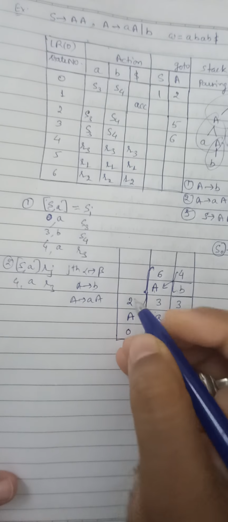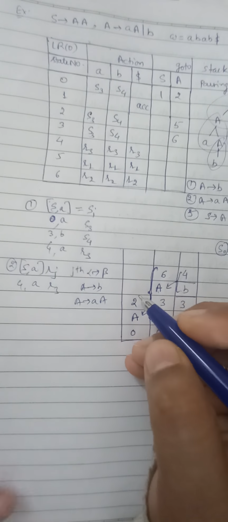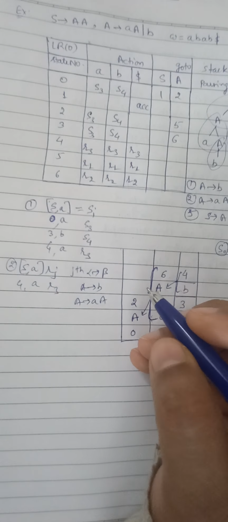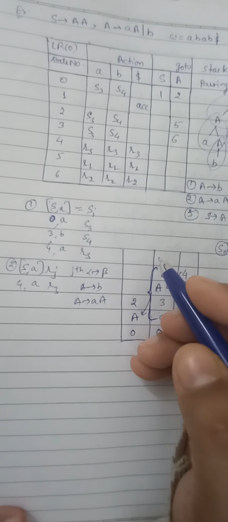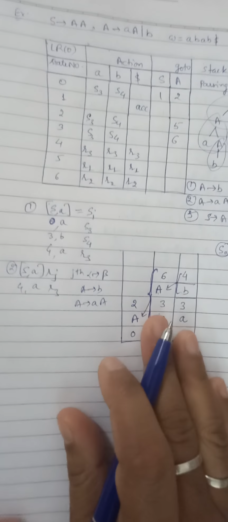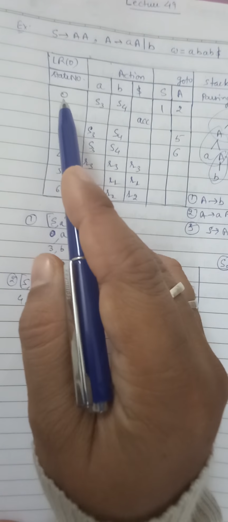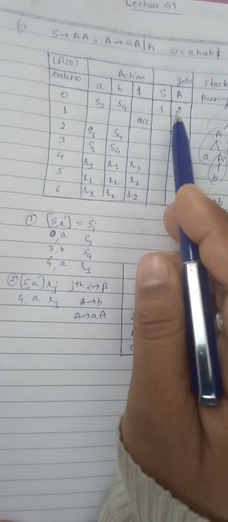Because here we have 0 and A, from 0 and A we are reaching 2.